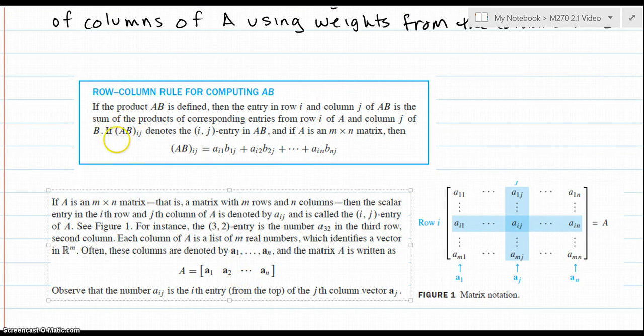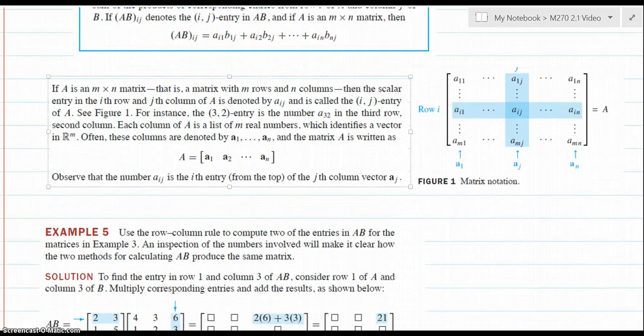So what this stands for, (AB)ij, stands for the ij entry in AB. So if we want to look for a specific entry in AB, we're going to take that ith row and that jth column and multiply them together and add them up as a linear combination.